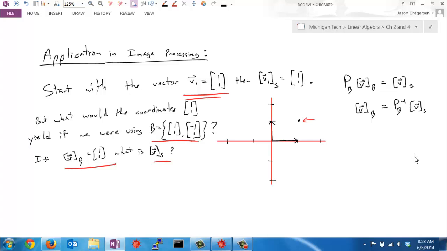That's what we're trying to do: go from this basis and see what it looks like in the standard basis. Which equation do we use, this one or this one?